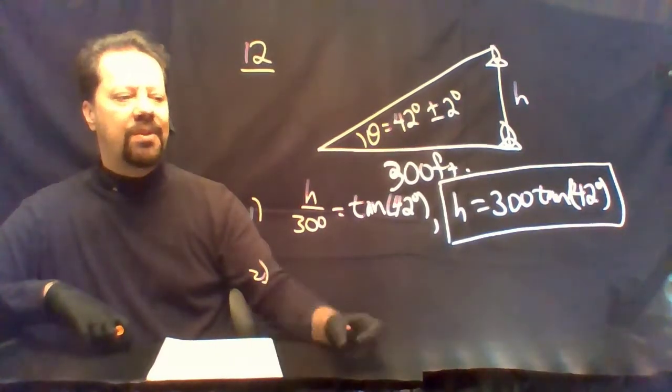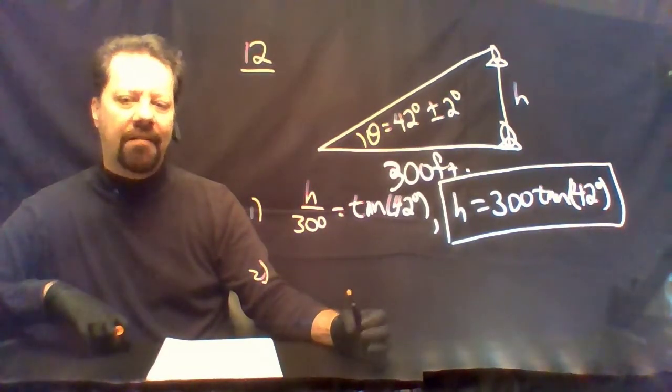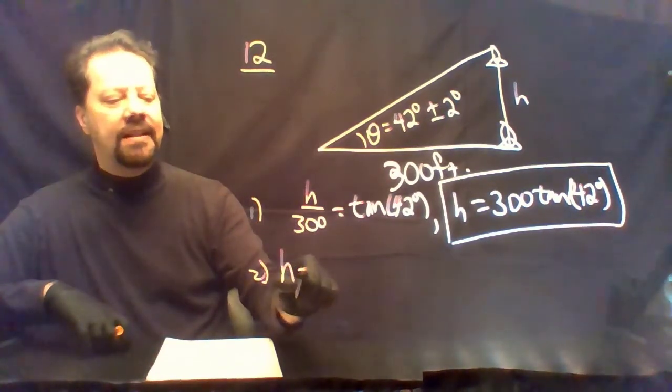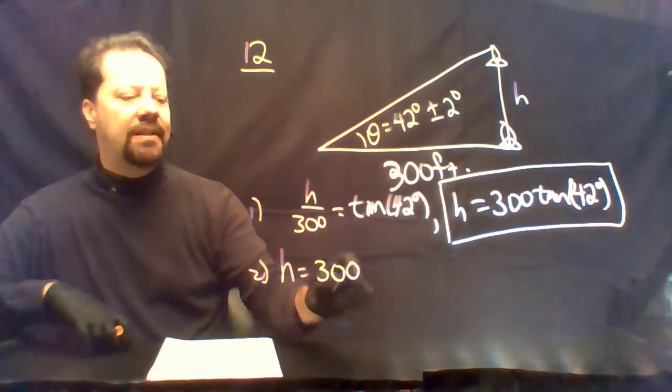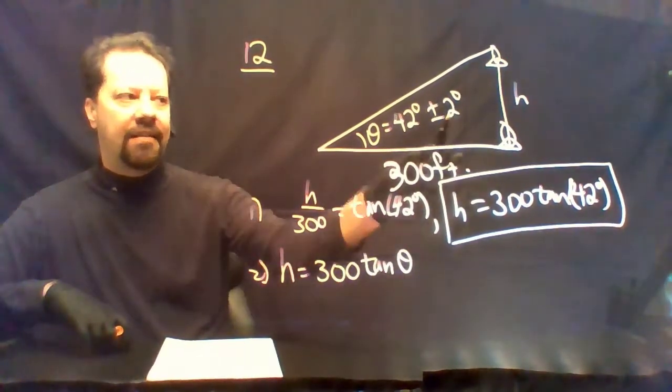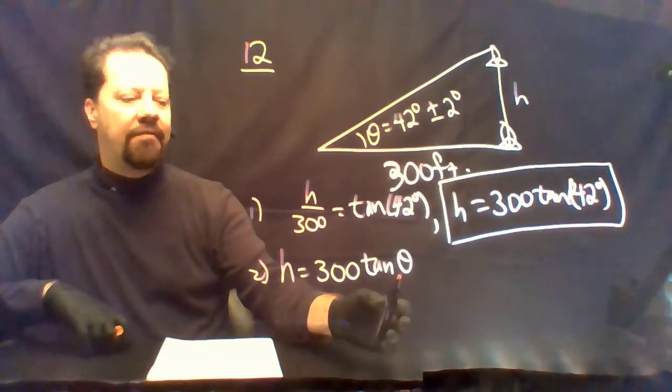On part 2, I want you to estimate how far off that height computation can be. So we're going to first write this as h equals 300 times the tangent of theta, leaving the angle theta, the thing that has error, variable.